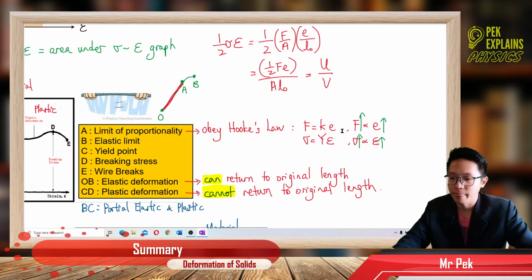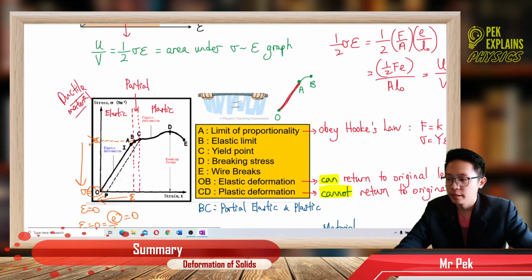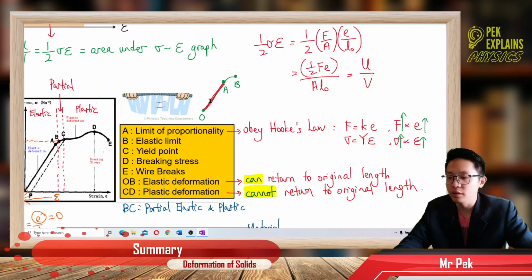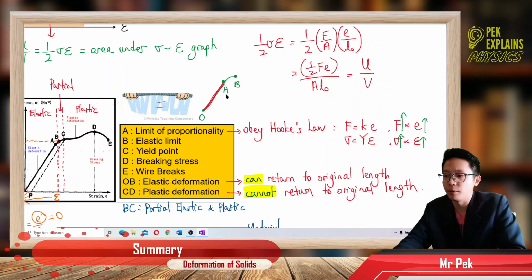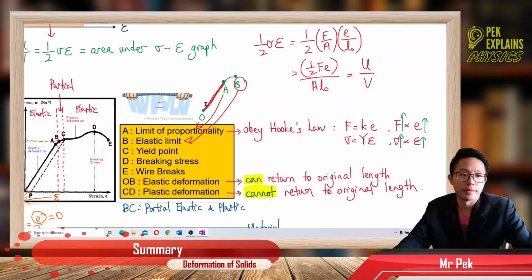Okay. However, elastic deformation does not end at point A. The elastic deformation continues until point B. Point B is the elastic limit. Point A is the limit of proportionality. Understand?